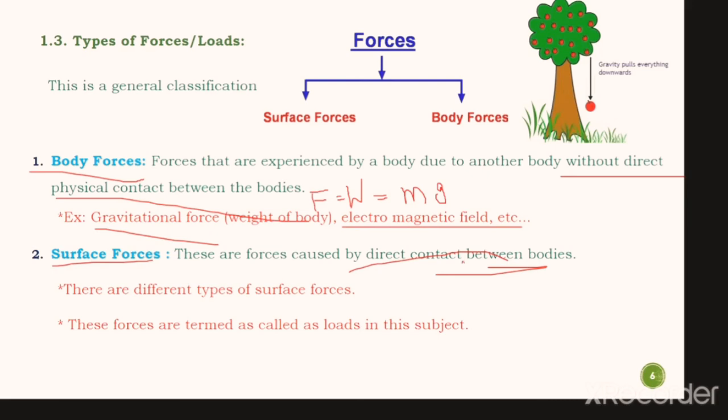So this gravitational force is nothing but mass into acceleration due to gravity. So every body that is near the earth is going to experience this gravitational force even when it is not in contact with it.